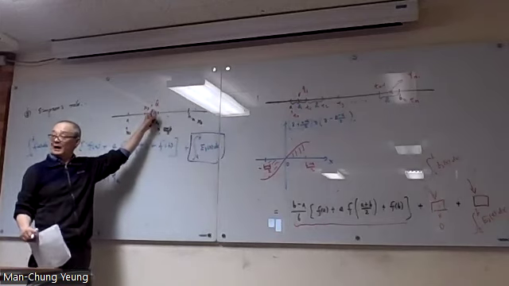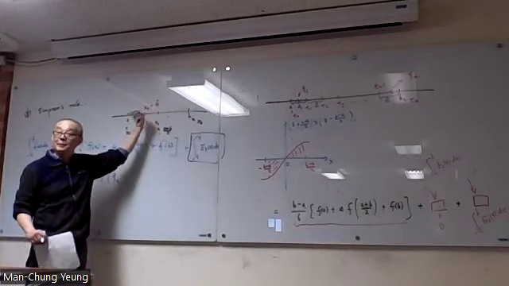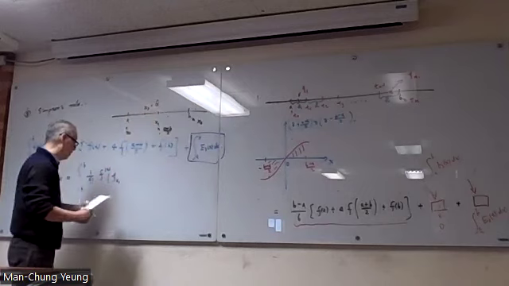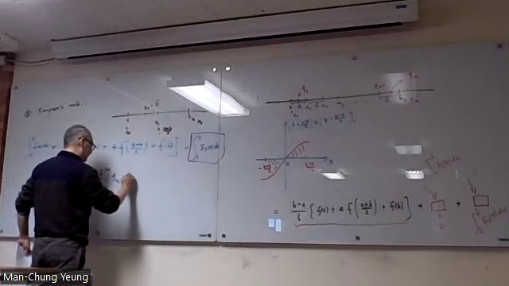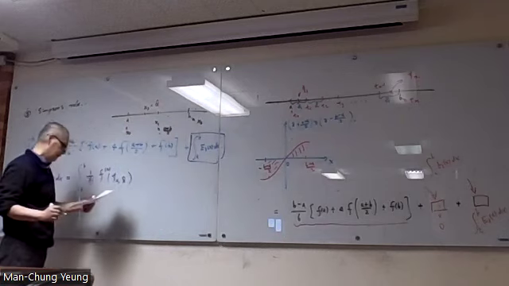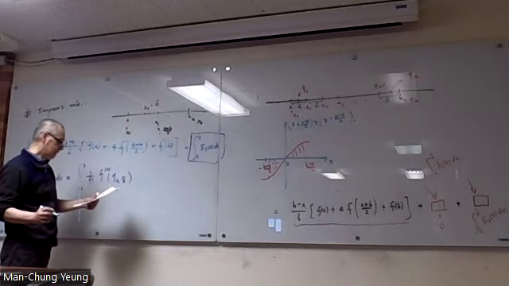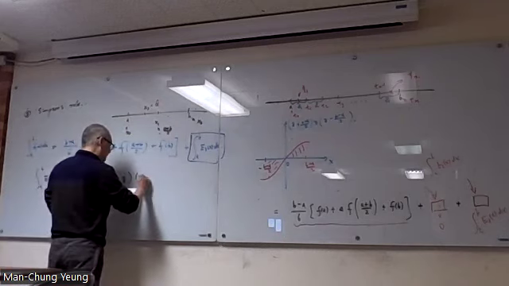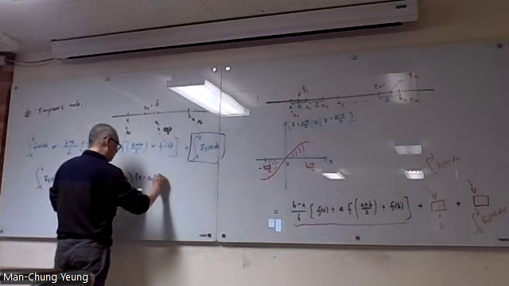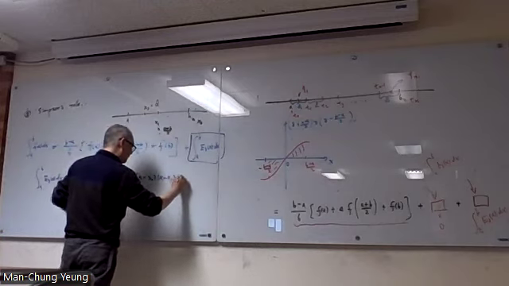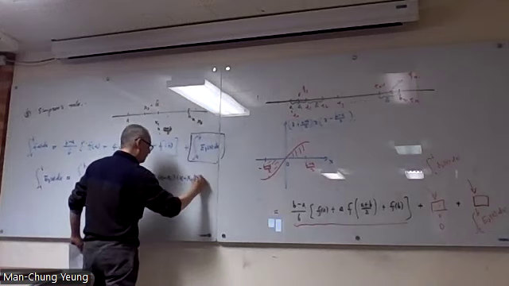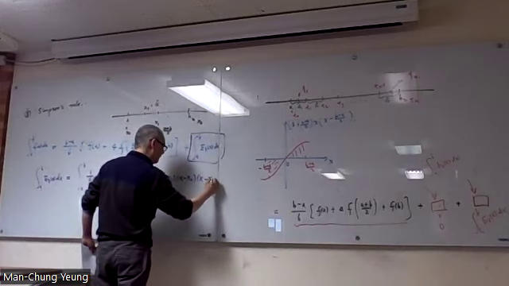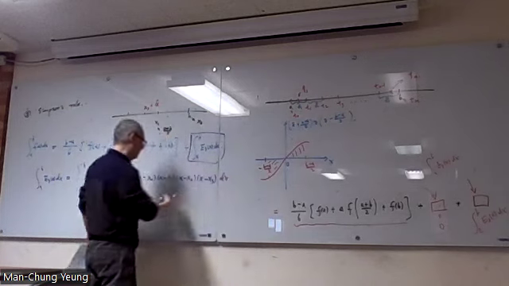Recall that at the beginning we arbitrarily picked x hat. Then times (x minus x0)(x minus x1)(x minus x2)(x minus x3).